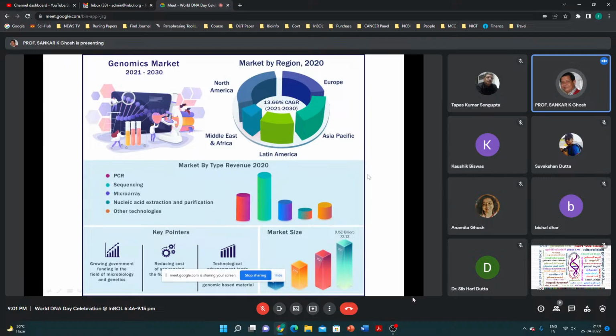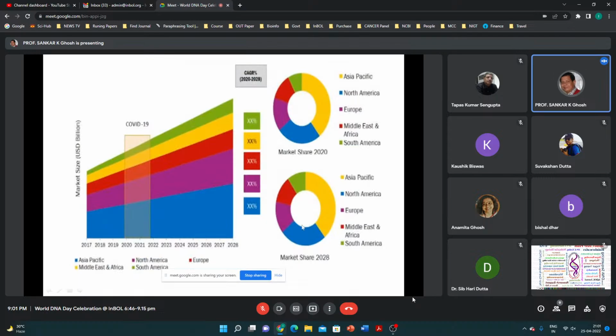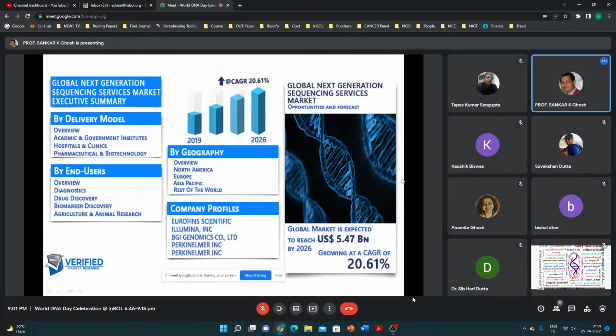And you see, this is the COVID area, and in 2022 it becomes double the present situation. So it needs lots of scientists and lots of technicians. And right now the growth from 2026 to 27 is more than 20% CAGR, which is the highest business market among all areas.